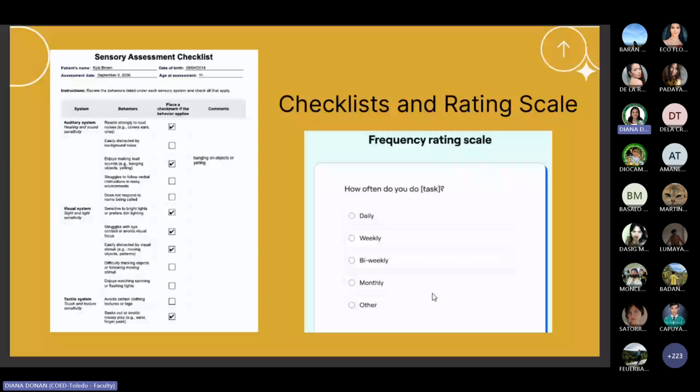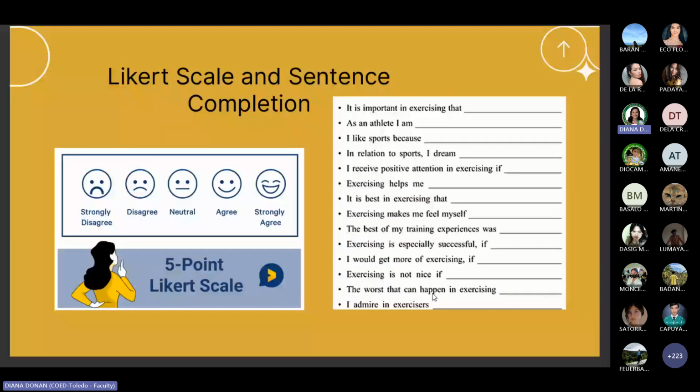So, in summary, we will use tools like checklists, rating scales, Likert scales, semantic differential scales, or sentence completion and students' reflection, because this allows us to capture emotional and value-based learning in a meaningful, respectful, and developmentally appropriate way.